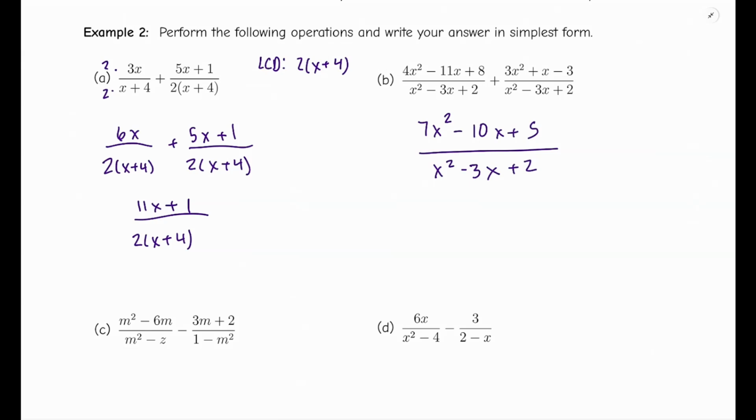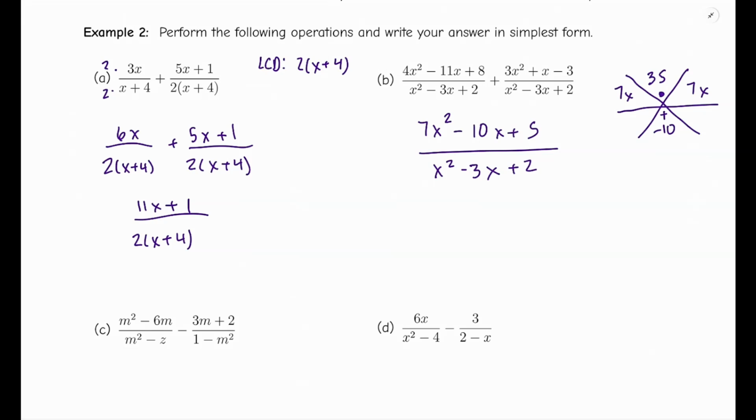Now I need to factor these. The top, I'm actually going to use the asterisk method to try to factor it. A times c, b, ax, ax. Now, what two numbers multiply to 35 and add up to negative 10?